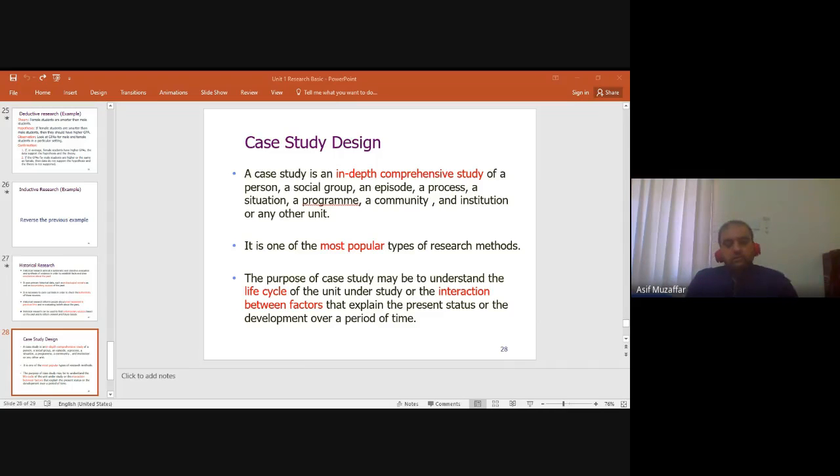Now, why is it important? There are many top universities in the world like Cambridge, Oxford, MIT, Stanford. These universities teach their students with case studies. So if you want to know about marketing strategies, they will teach you the marketing strategy of many big companies like Pepsi, Coca-Cola, or Dell, or HP, or Apple, or Samsung, or Panasonic.